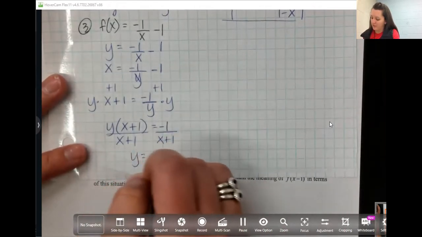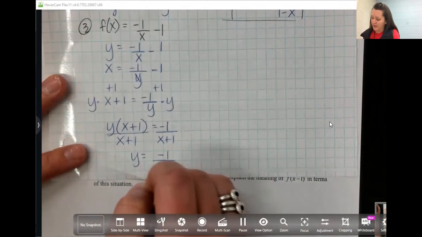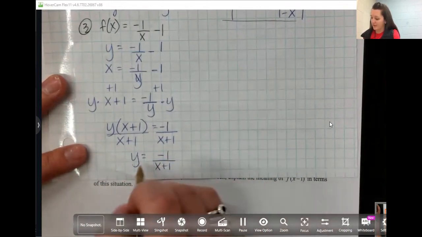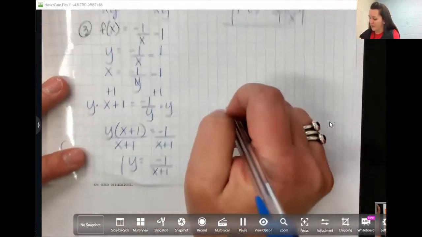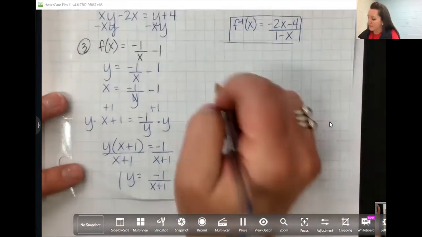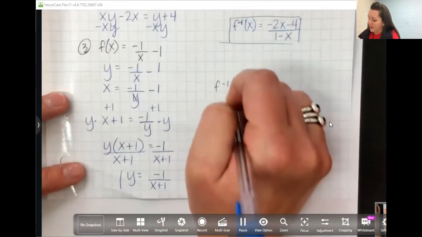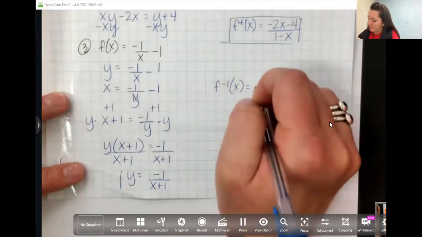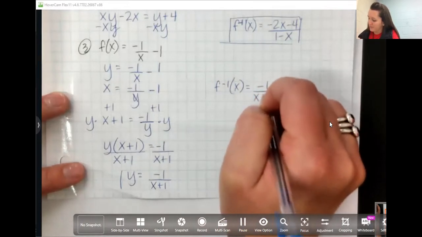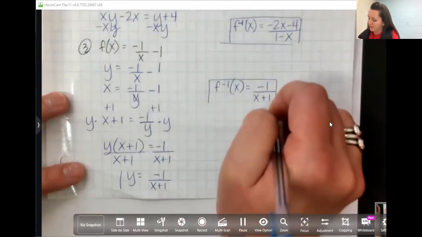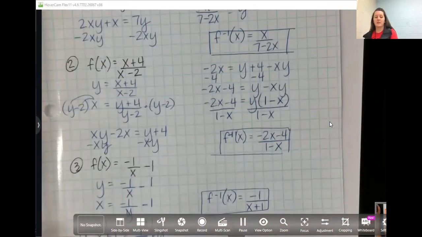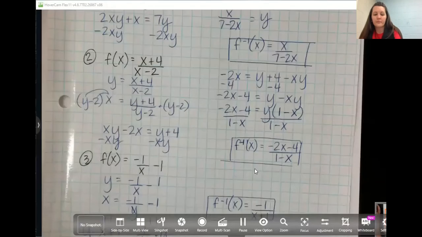So we have y equals negative 1 divided by x plus 1, and that's your inverse. I'm going to write it in my inverse function form: the inverse function of x equals negative 1 divided by x plus 1. And that's your answer. All right, I'm going to put these on our Desmos and just make sure that we have them right.